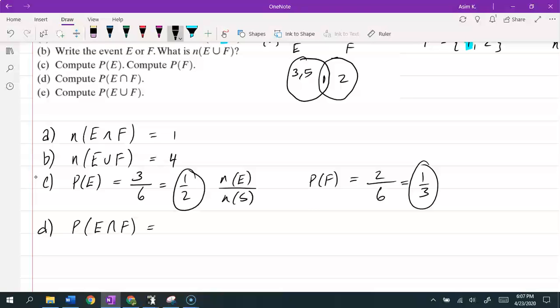Letter D, it says, what is the probability that you get E and you get F to both occur? Now, recall what we had initially said. What is E and F? E and F is the ways that you can end up with an odd number, right? And you end up with a 1 or a 2. Well, we said that there's only one way that can possibly occur, and there's 6 choices.